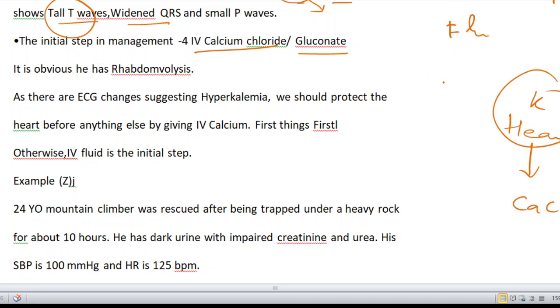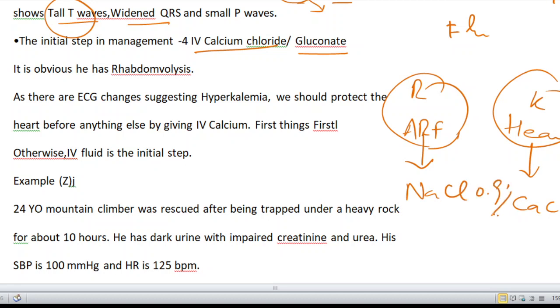If they talk about rhabdomyolysis features in general, and you suspect the patient might have acute renal failure because of the myoglobinuria, then the initial step is NaCl 0.9%. If they talk about the definitive investigation, it is CPK.